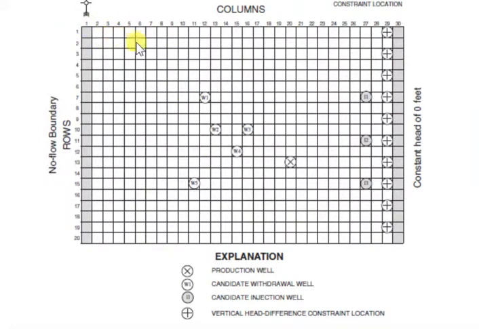There is an existing production well in the model, which is screened over two layers. This well is modeled, by the way, in the well package of MODFLOW and will be represented without modification in GWM.